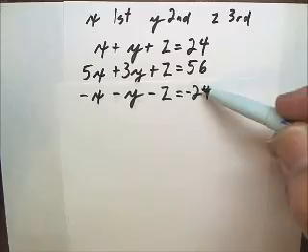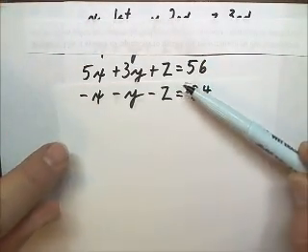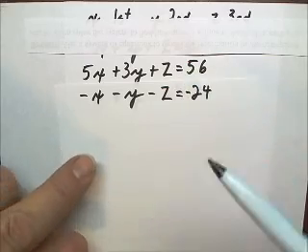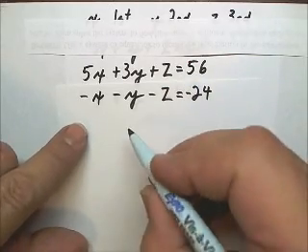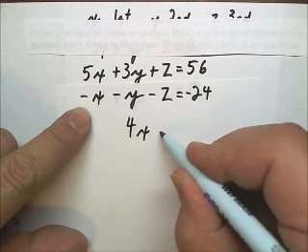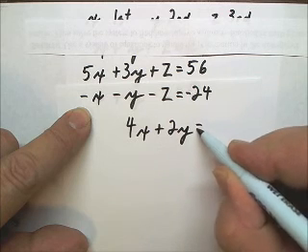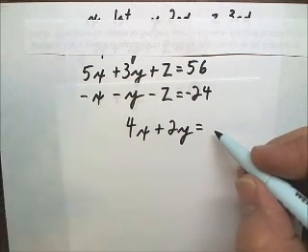So this equation is equivalent to the first equation, and now I will just add these two equations together, and I get 4x plus 2y equals 32.